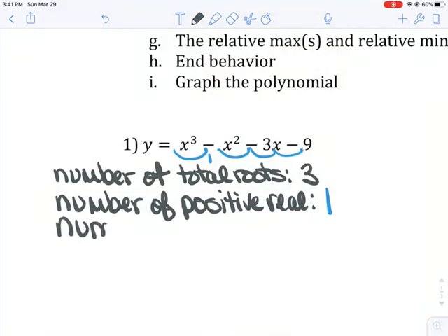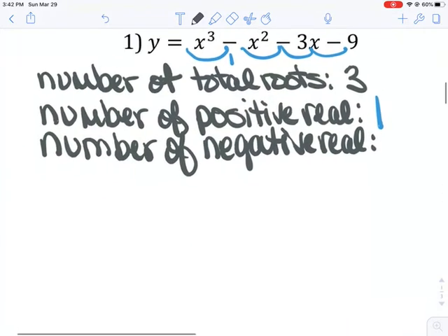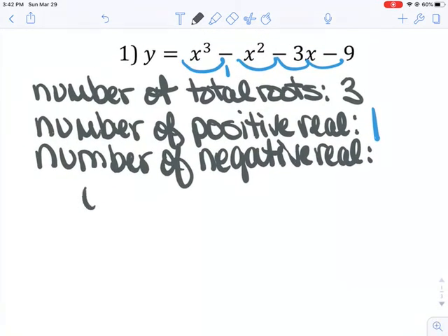Right? So now let's talk about the number of negative real roots. Right? So remember, negative reals means that I'm going to put a negative value in for x. So I'm going to put a negative x in. Everywhere I see an x, I'm going to replace it with negative x.